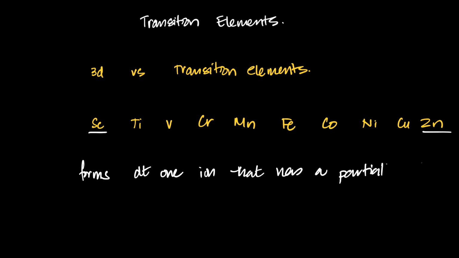Now, what does it mean by partially filled d orbital? D sublevel or D subshell. What that means is that there's a 3D, for example, in the third shell. The 3D should have 1 to 9, meaning the ion should have 3d 1, 2, 3, 4, 5, 6, 7, 8 or 9.